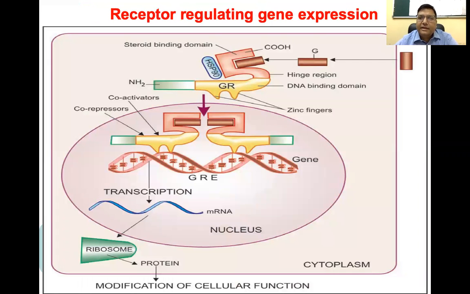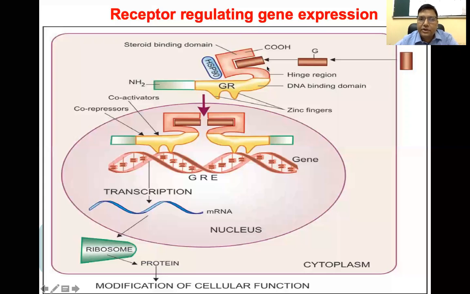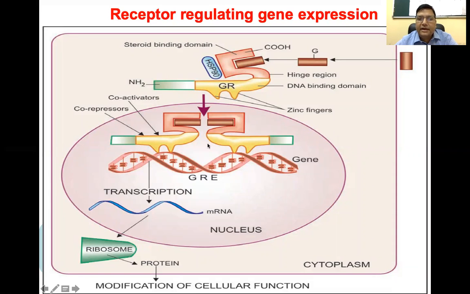The last type of receptor is the nuclear receptors, where due to the binding of heat shock protein 90, the receptor has a different conformational structure. When glucocorticoids or steroids come inside the cell, they bind to the carboxy terminal and produce conformational changes, and the receptors undergo dimerization and move to the nucleus.